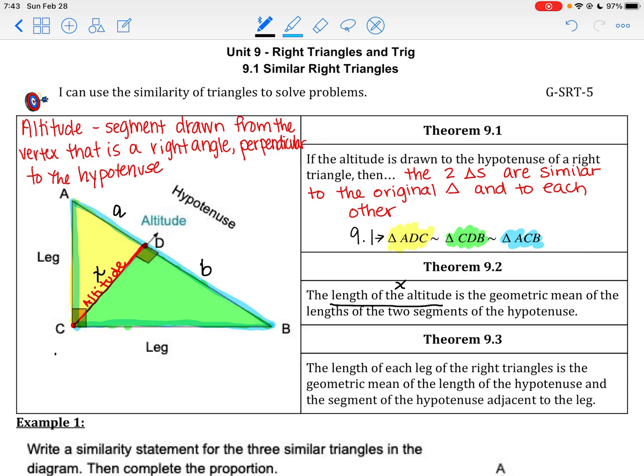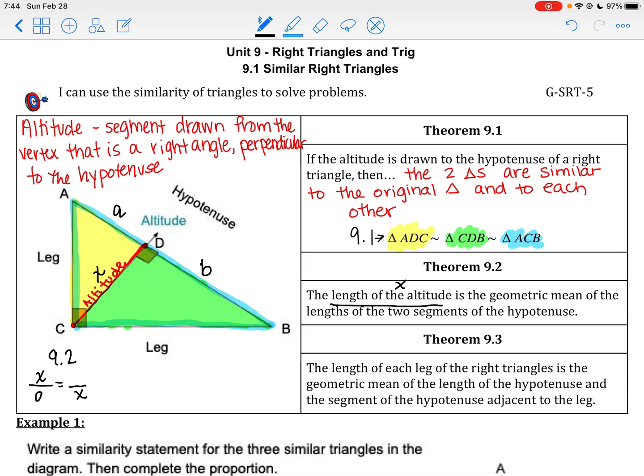What that means is that if we're doing the geometric mean, we multiply things together and then take the square root of them. How that looks as a ratio is that since the length of the altitude is the geometric mean, I'm going to put those x's in the mean spots, and then I'm going to put the two pieces of the hypotenuse in the extreme spots, which is the bottom of the first and the top of the second.